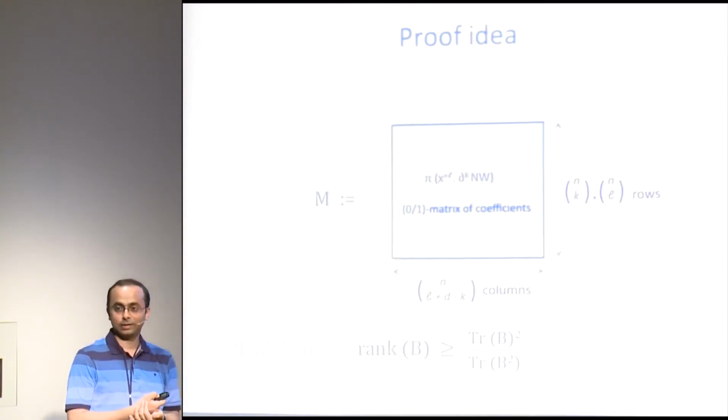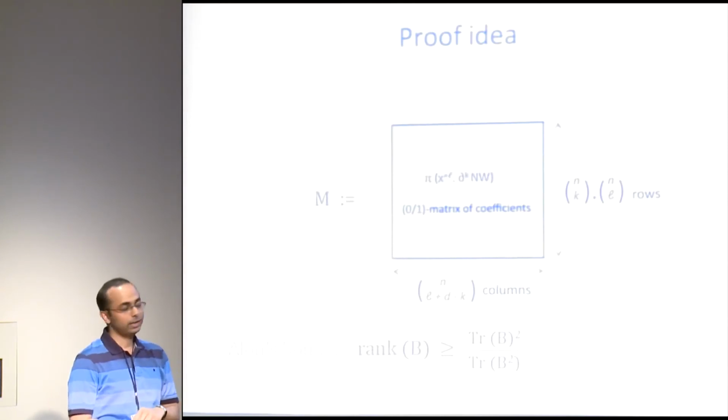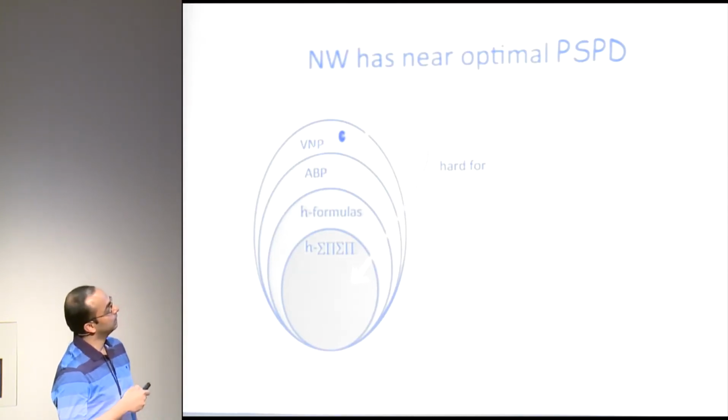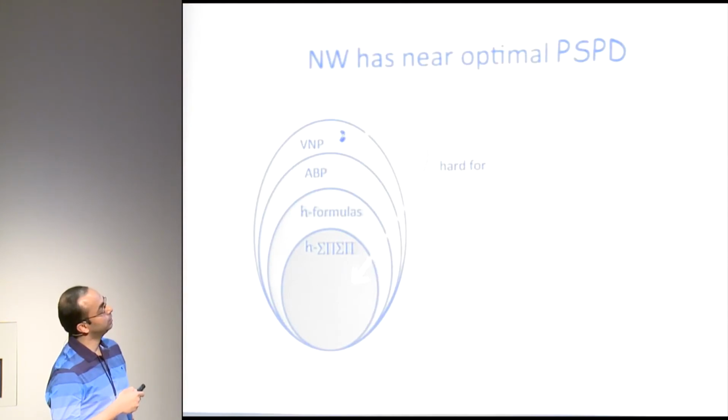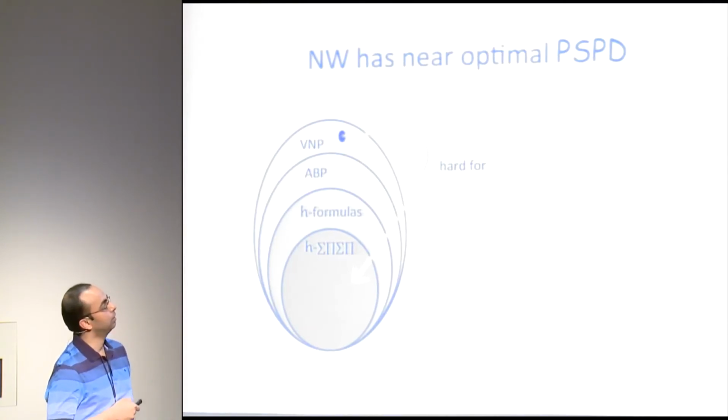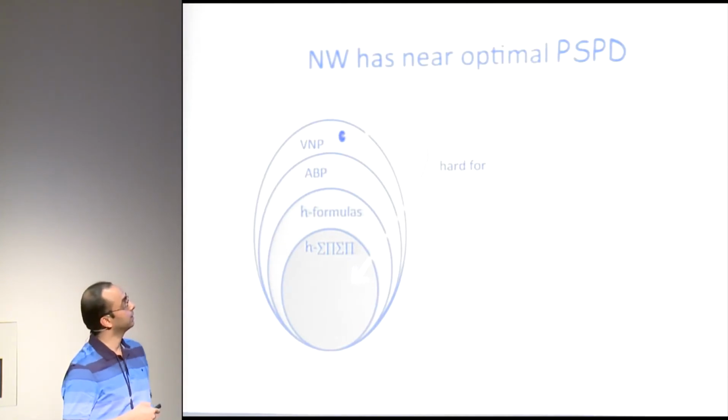That's how they proved it for IMM, and that too over any field. So, in summary, what we showed is that this Nisan-Wigderson polynomial, which resides in VNP, I did not tell you why it resides in VNP, but it's not hard to see, is hard for homogeneous depth circuits.